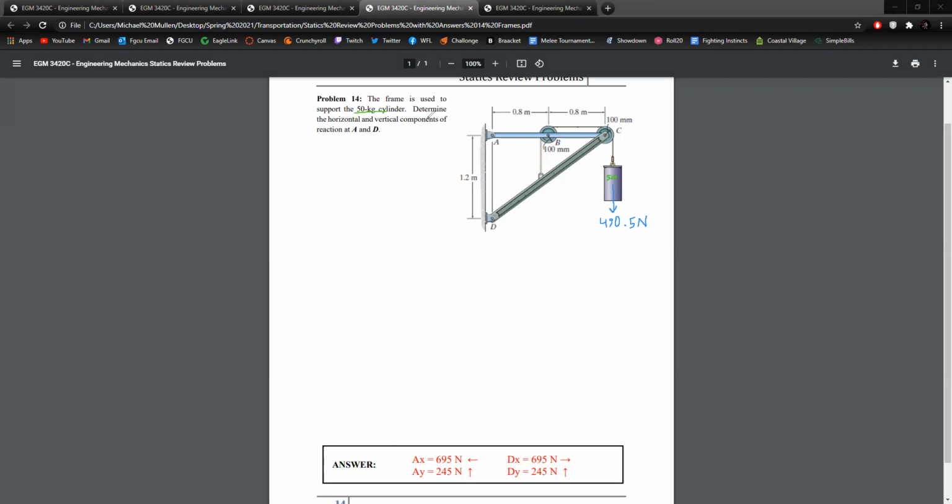So this problem wants us to determine the horizontal and vertical components of the reactions at A and D. So we see that these are both pins. We're going to have an AX and an AY, a DY, and a DX.